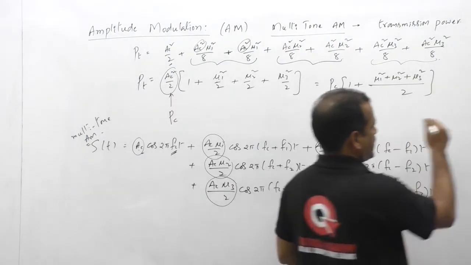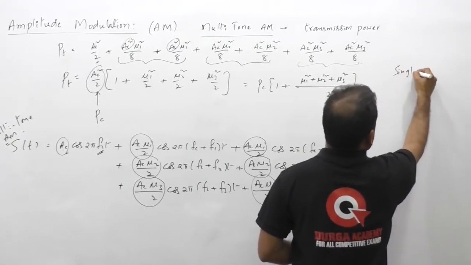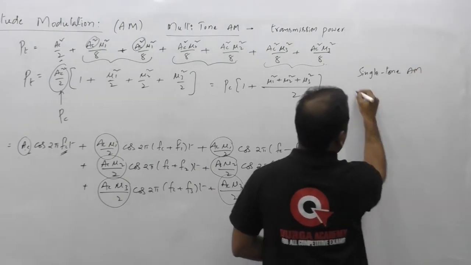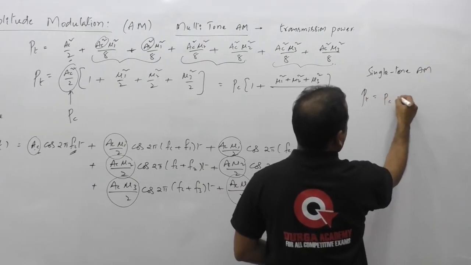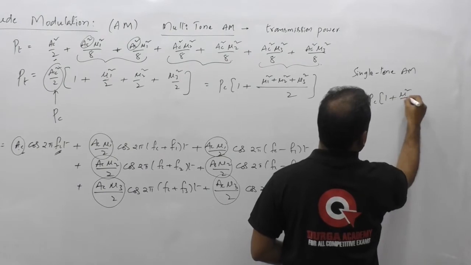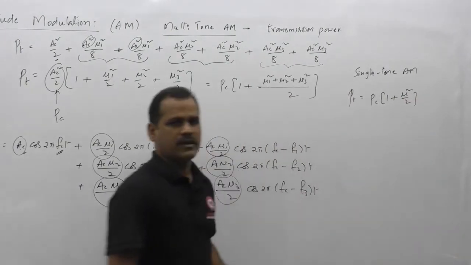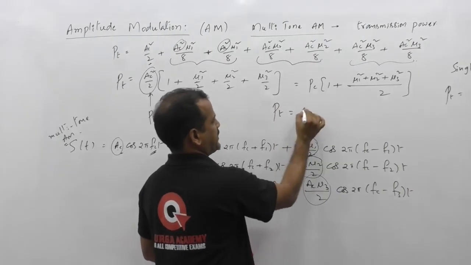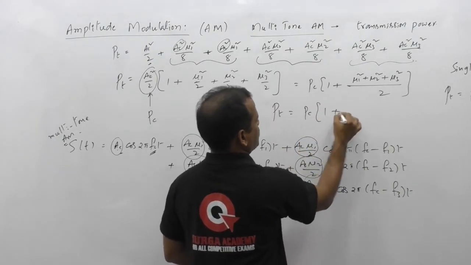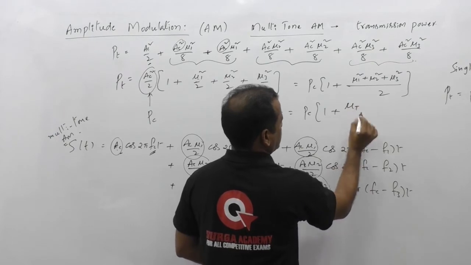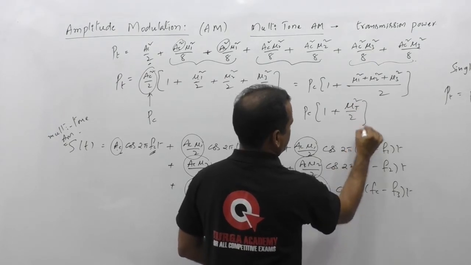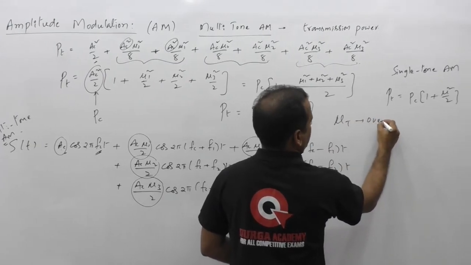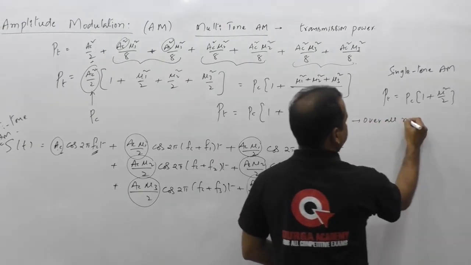For single tone AM, we got the expression PT is equal to PC multiplied by 1 plus mu square by 2. Similar to that, for multitone AM we can write PT is equal to PC into 1 plus mu T square divided by 2, where mu T is the overall modulation index of AM.